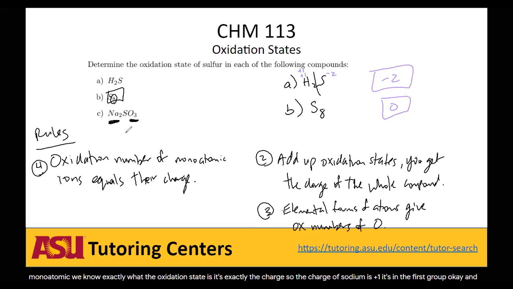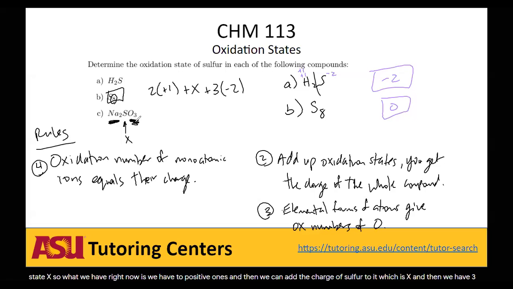So if we're trying to find the oxidation state of sulfur, let me call the oxidation state X. So what we have right now is we have 2 positive 1s, and then we can add the charge of sulfur to it, which is X. And then we have 3 negative 2s, that comes from the oxygen. And overall, the charge of sodium sulfite is 0. So when we add up all of these oxidation states, the 2 plus 1s, the X, and the 3 minus 2s, we get 0.